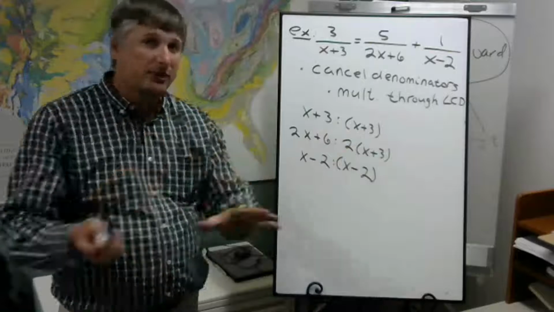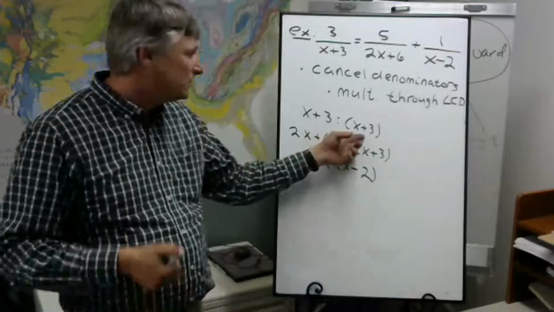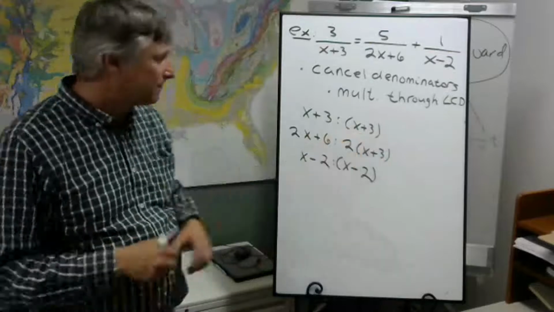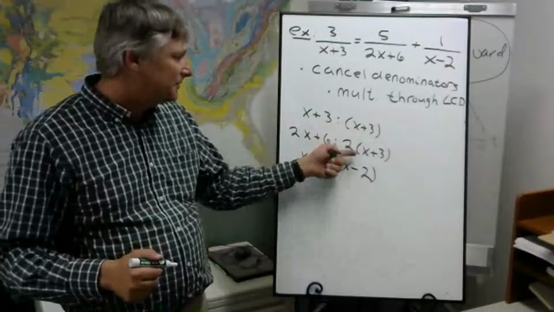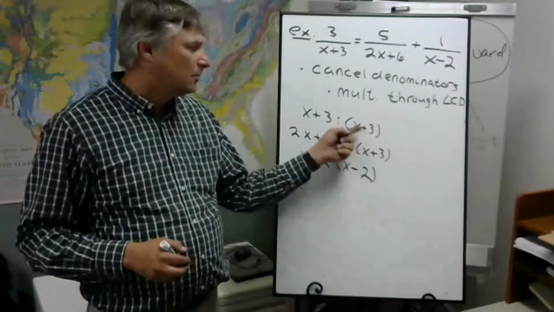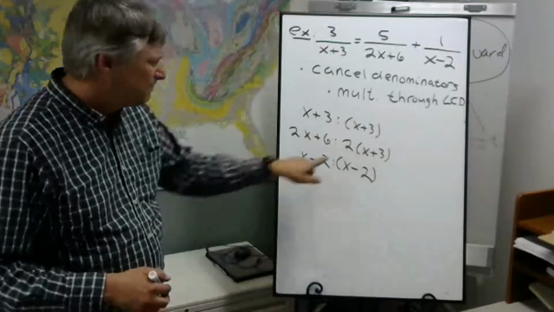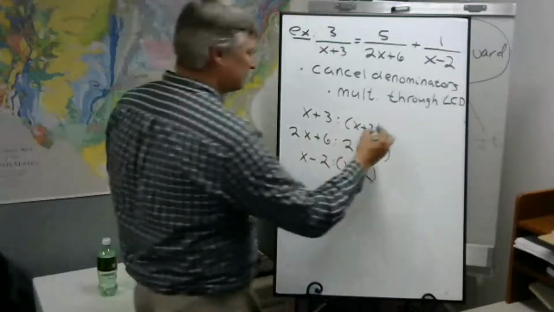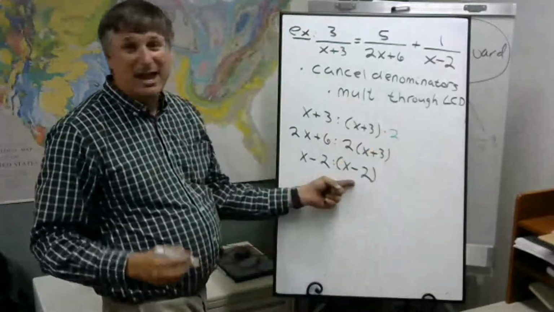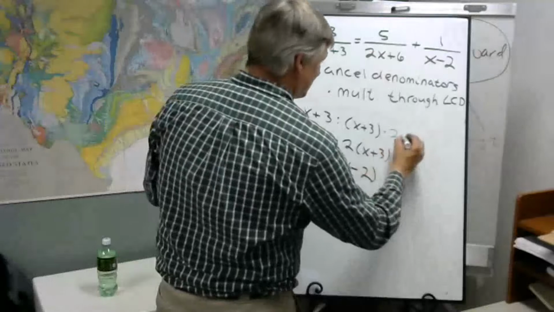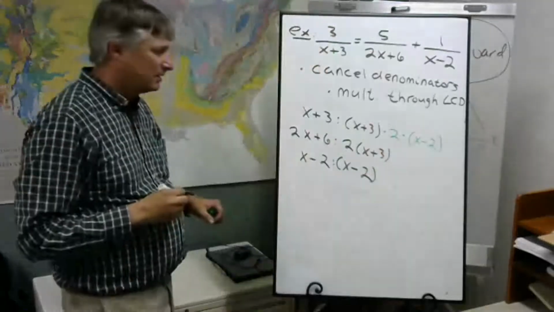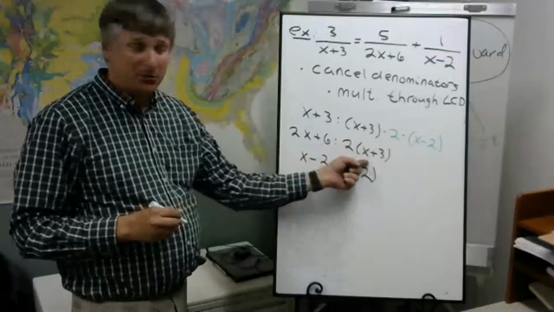So now, just like with the numbers, we treat these first degree binomials like they're prime numbers. Well, now we got to make the listings the same. So what's this one missing? Well, it's got an x plus 3, but it's missing a times 2. It's also missing a times x minus 2. Now this one has the 2 and the x plus 3.